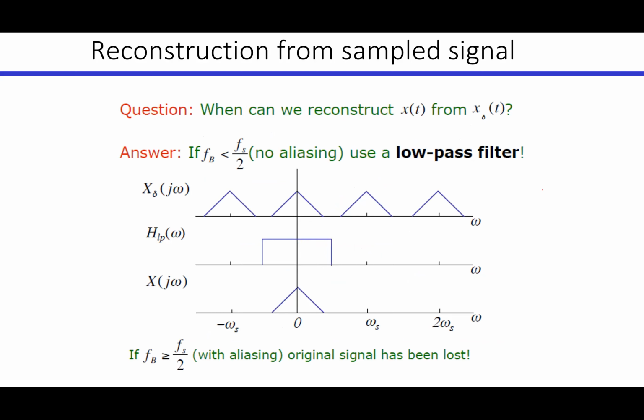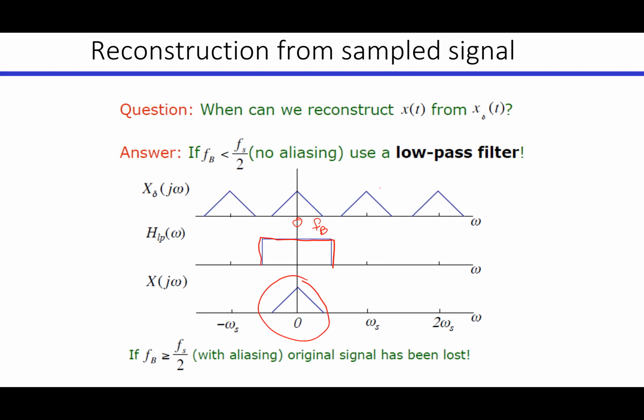Yes, ma'am. So again, based on your question, if my original signal is a baseband signal, with a bandwidth from 0, let's say, to FB here, or omega B, then I need an anti-aliasing filter that's a low pass filter to pass only the signal of interest.